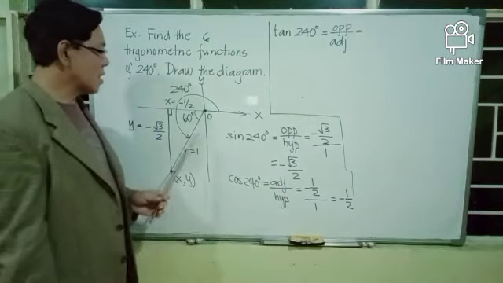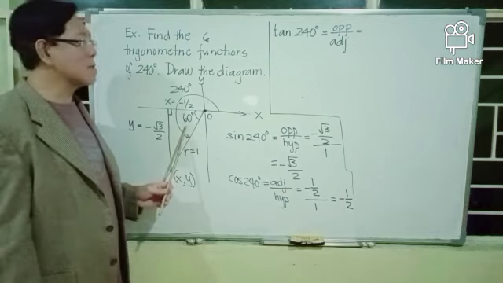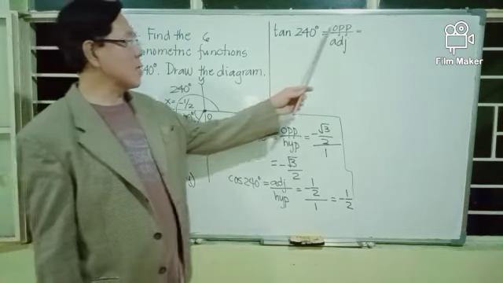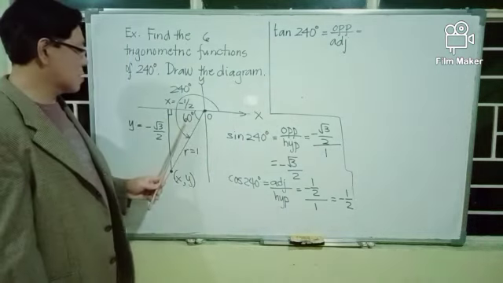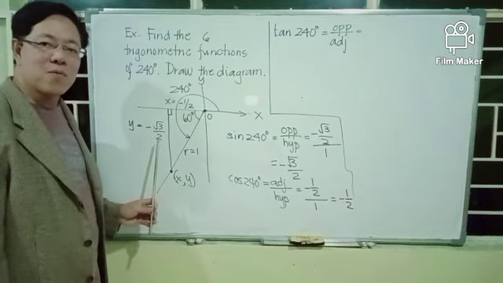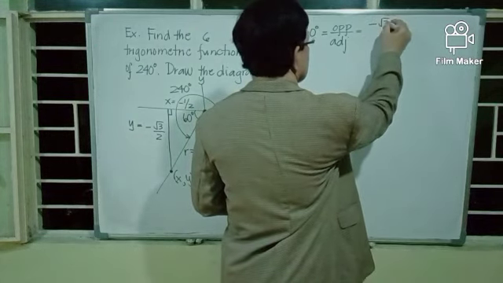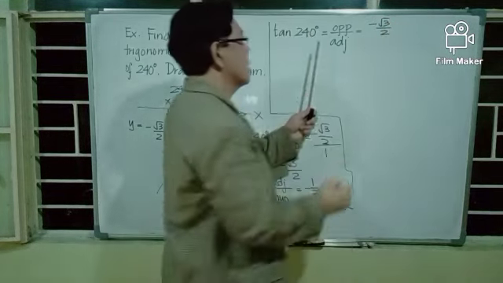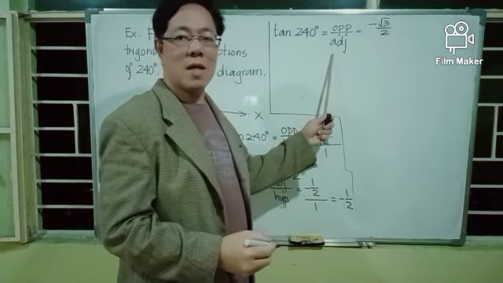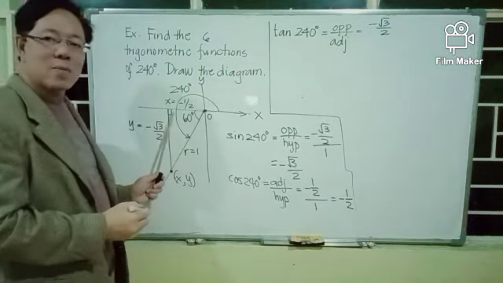From our diagram, using this right triangle with acute angle 60 degrees, the side opposite 60 is negative square root of 3 over 2. And we divide that by the side adjacent to 60 degrees, which is negative 1/2.